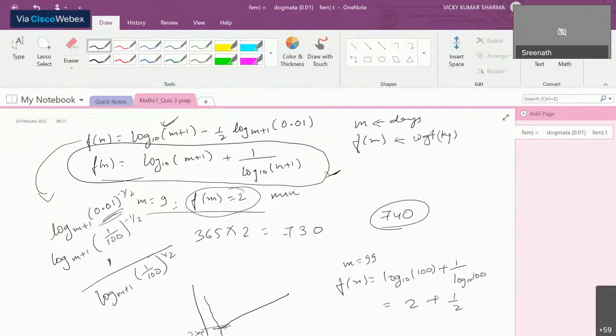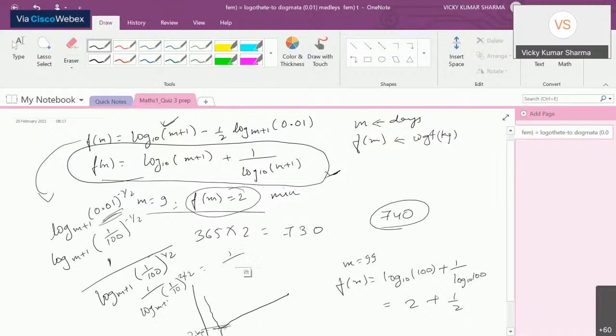We can write this as 1 by 10. Then I can write this as 1 by log m plus 1, 1 by 10. Is it fine?